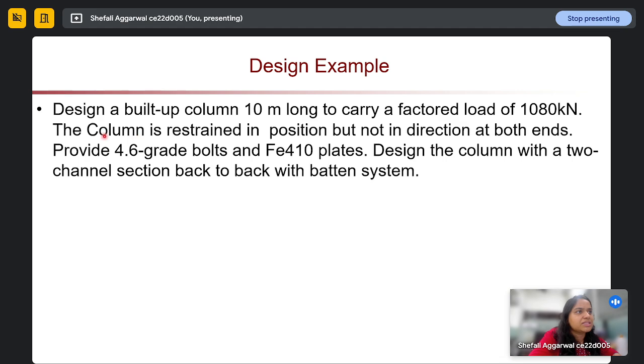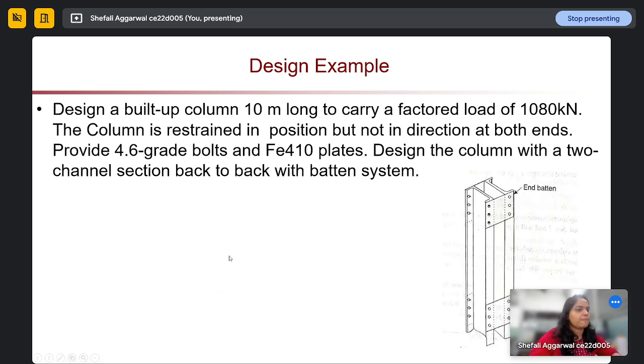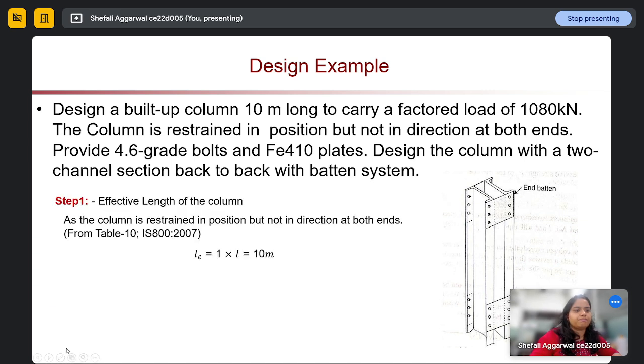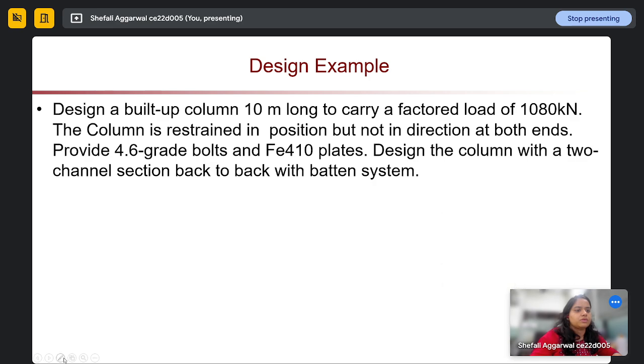So why is this term required? When we are designing our column, we have to give our effective length.